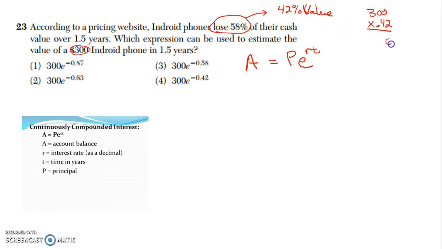Hopefully you're using a calculator. 2 times 3 is 6. I don't have a calculator in front of me, obviously. 0, 0, 0, and that's a 12. Add that together. I don't think that's right.